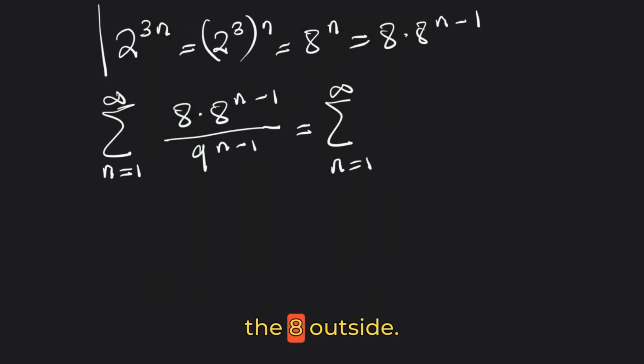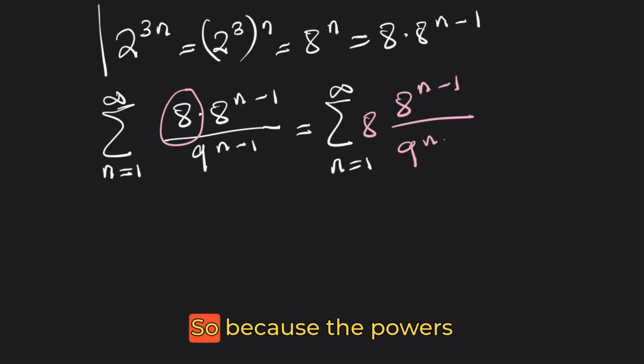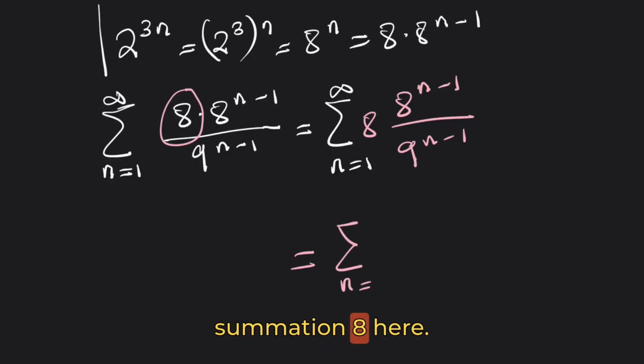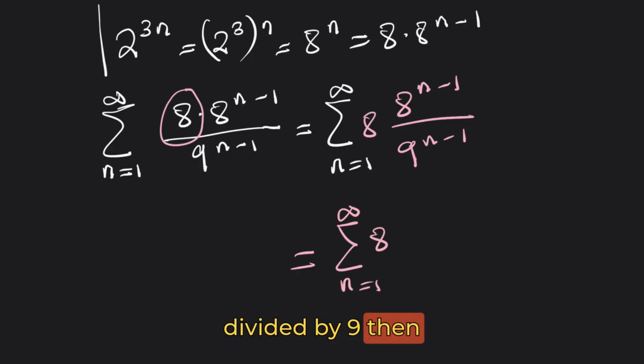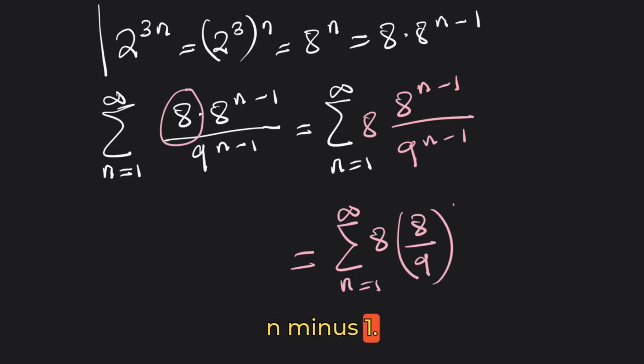I can put the 8 outside, so this is 8. And then this is just 8 to the power n minus 1 over 9 to the power n minus 1. So because the powers are the same, I can write this as the summation of 8 times 8 divided by 9, then everybody to the power n minus 1.